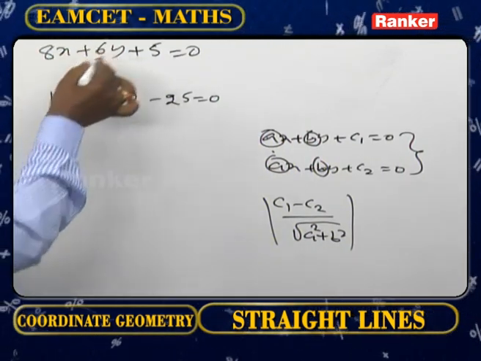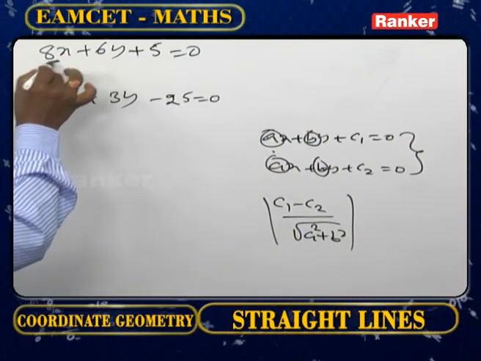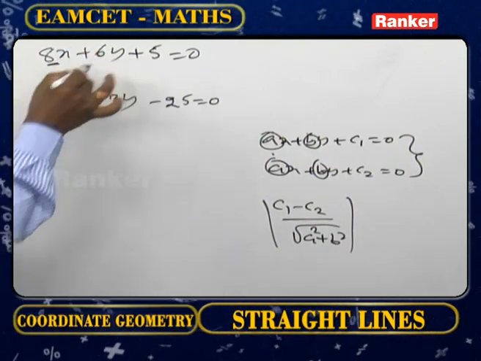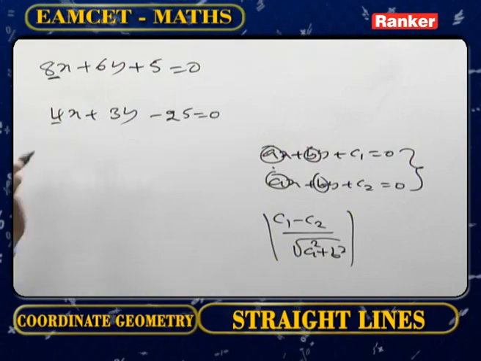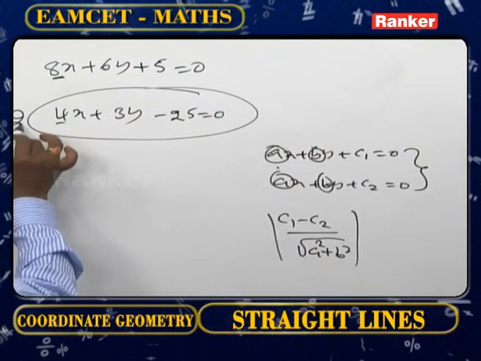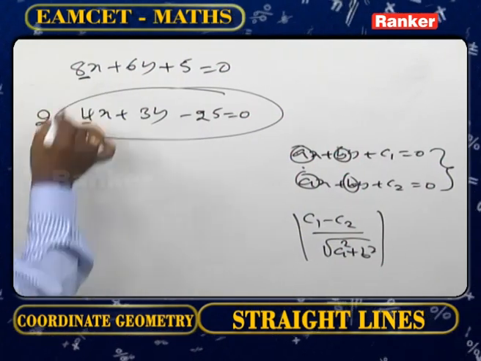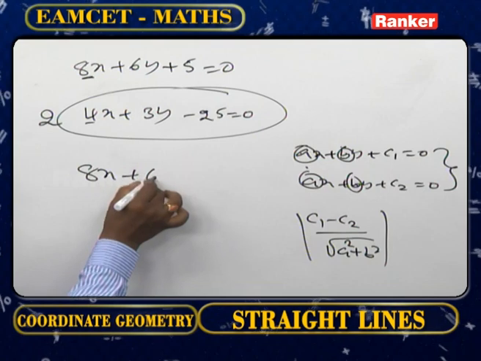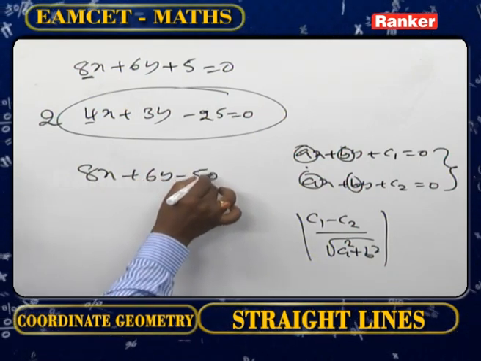But in the given equations, in the first equation the coefficient of x is 8, in the second equation 4. The coefficient of y in the first equation is 6, in the second equation 3. So we multiply the second equation by 2, and it becomes 8x + 6y - 50 = 0.